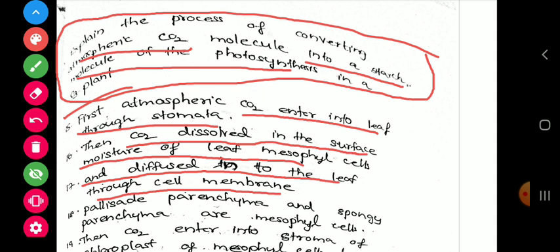Then the CO2 is dissolved in the surface moisture of the leaf's mesophyll cells, and then it diffuses into the cells through the cell membrane. The palisade parenchyma and the spongy parenchyma are the mesophyll cells.